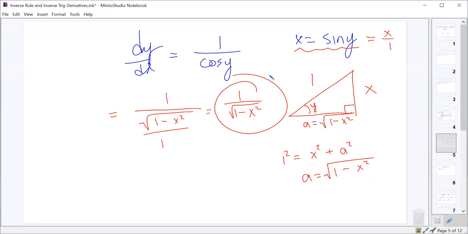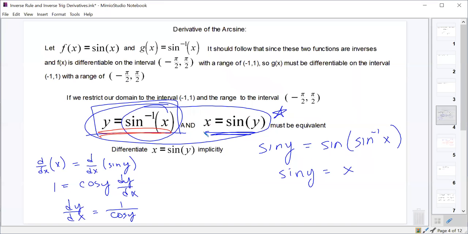Good or no? Everybody see how we got to that or no? So y is equal to the inverse sine of x. Is the derivative of that function what we just found? That's correct, right? We started here with y equals inverse sine of x, turned it into x equals sine of y, which was equivalent.